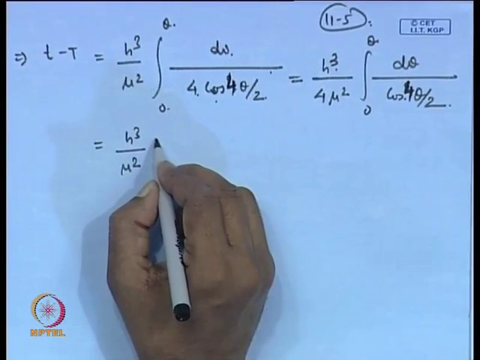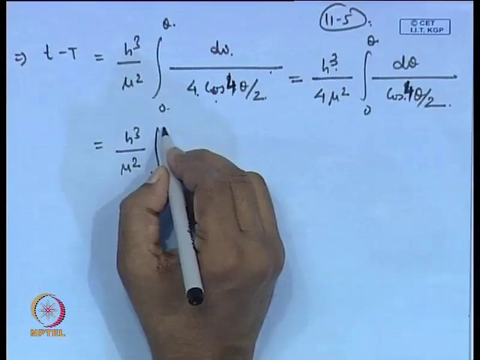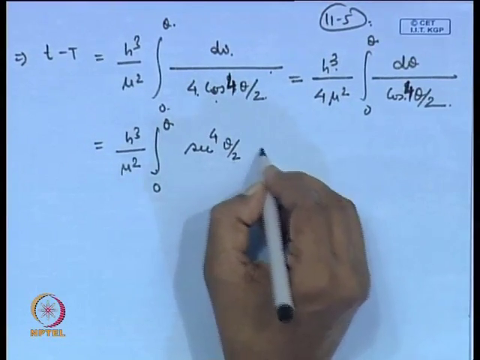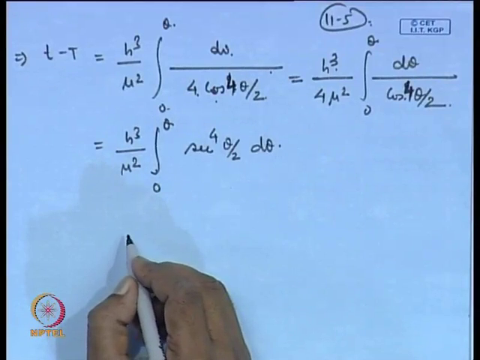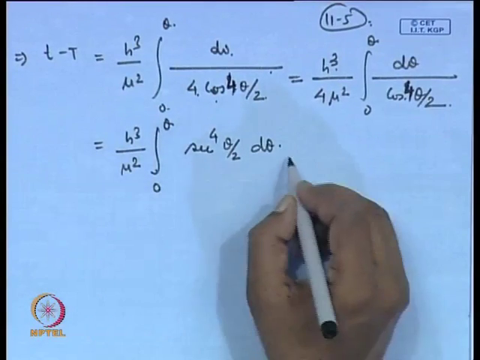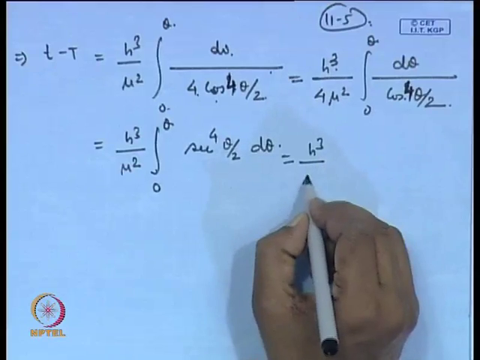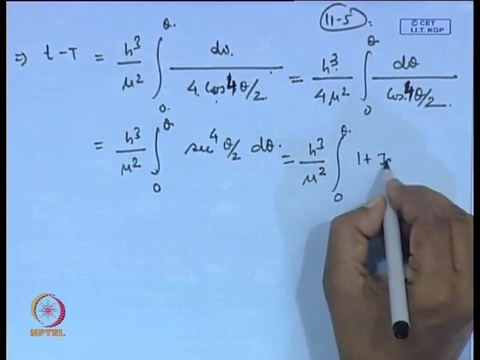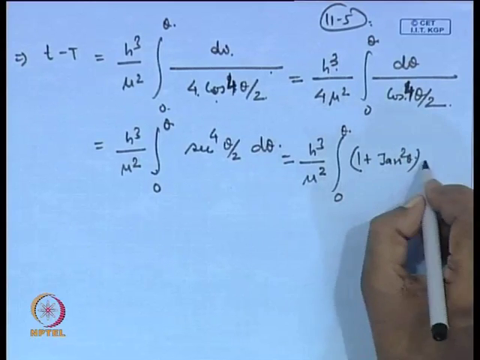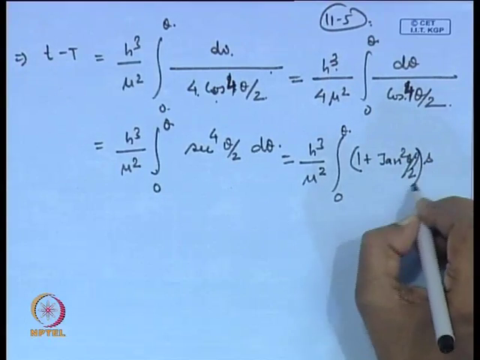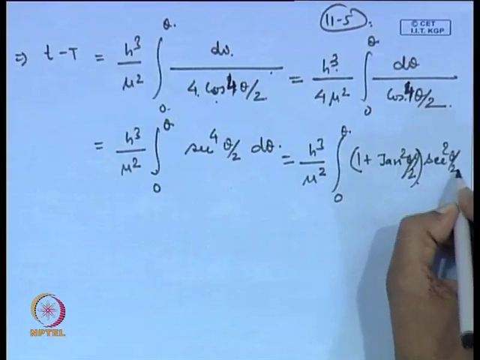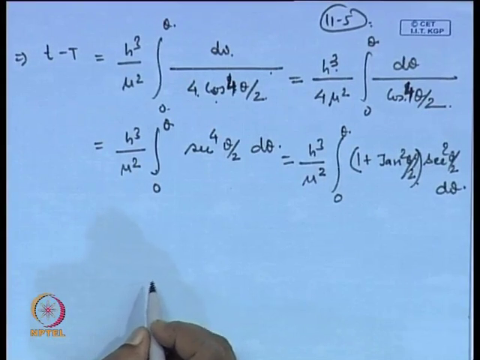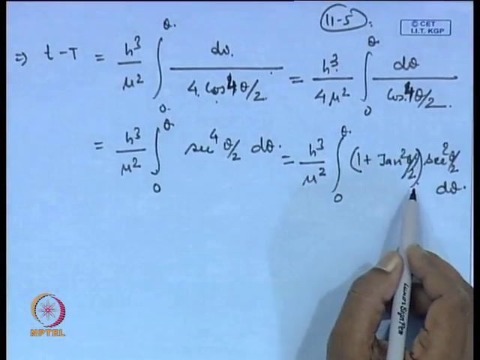Now, changing cos to the power 4 theta by 2 to the secant term, this is becoming sec to the power 4 theta by 2 d theta. This can be further written as the integral from 0 to theta of (1 plus tan squared theta by 2) times sec squared theta by 2 d theta. Now, this can be easily integrated.